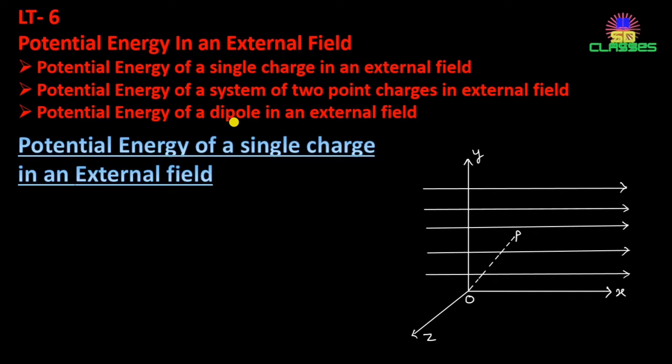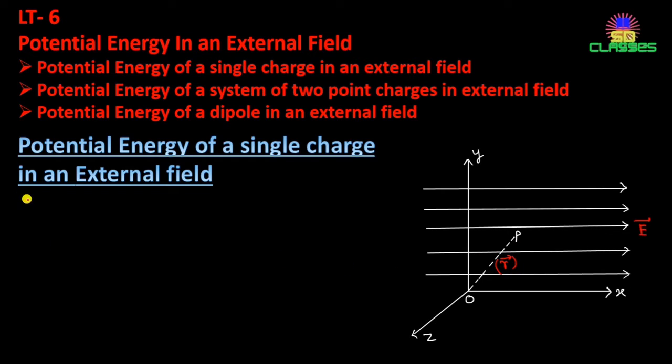So I have an xyz plane here, the xyz Cartesian coordinate, and these electric fields are parallel to the x-axis. I have already taken a point P. Suppose this point P is denoted by the position vector r.